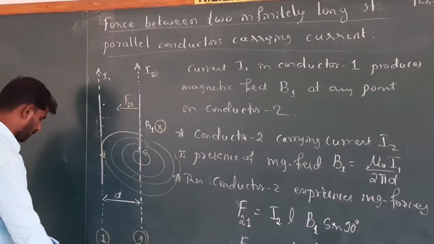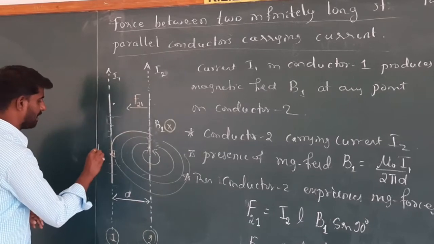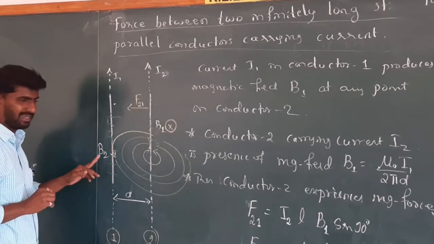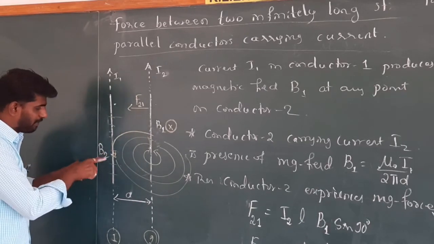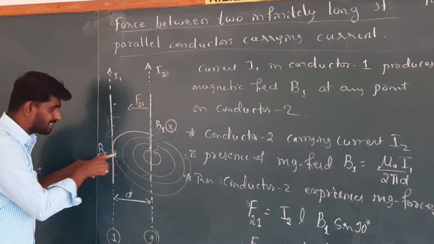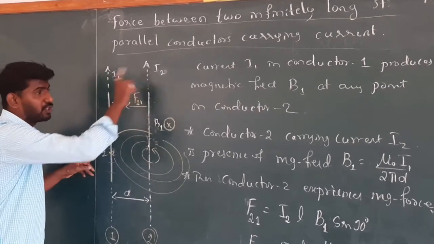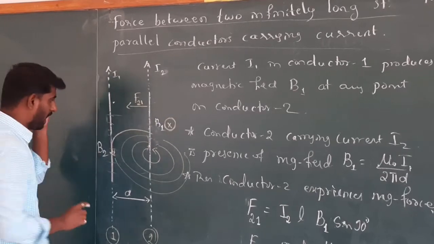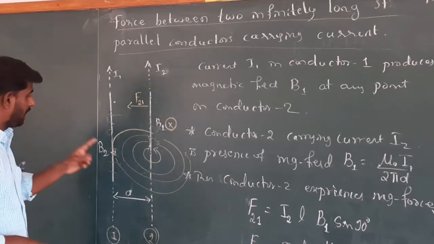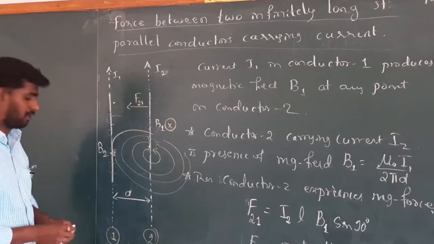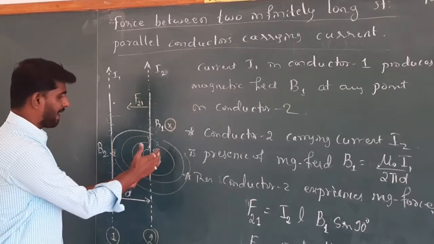And what's its value? Its name is B2. See it clearly, its name is B2. Why is it B2? B, the magnetic field, is due to the second conductor, current I2. Clear? Now observe the first conductor. Which direction is the magnetic field here? So if it is a conductor, the magnetic field is like this.